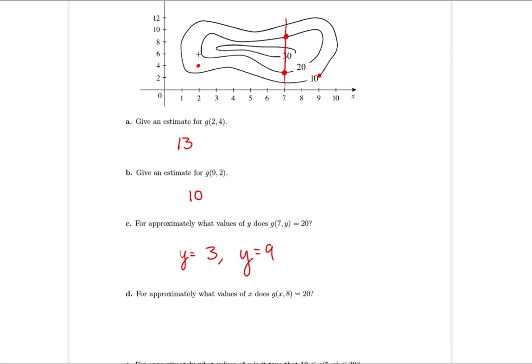Part D is similar. For what values of x does g(x, 8) equal 20? We're going to do the same thing, but we'll draw a horizontal line this time.